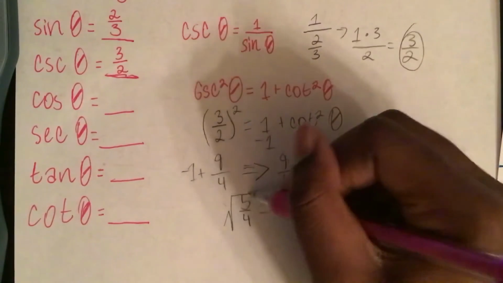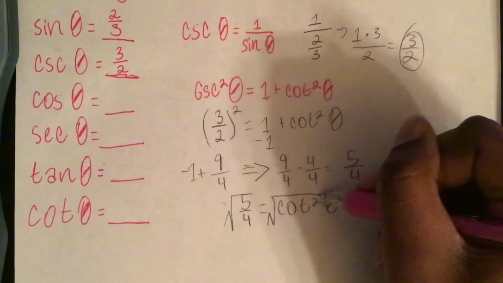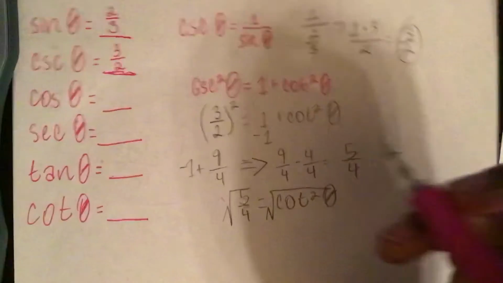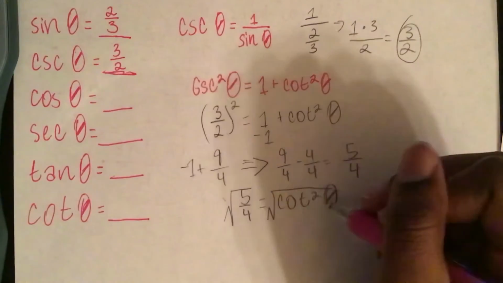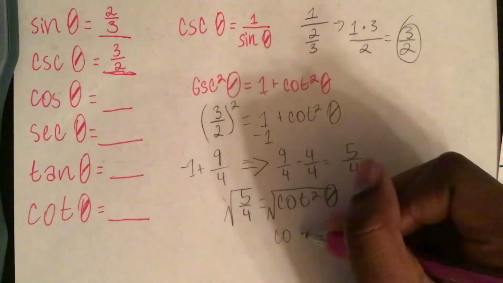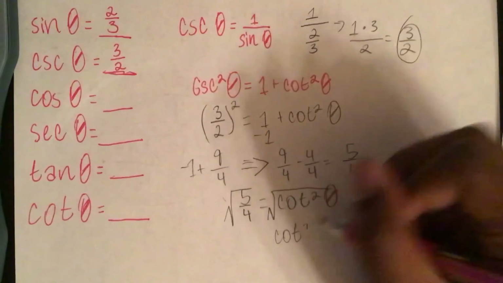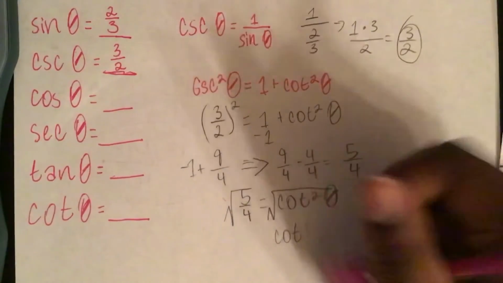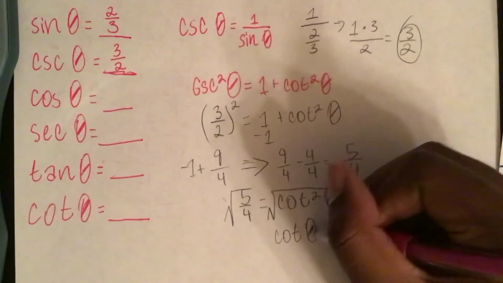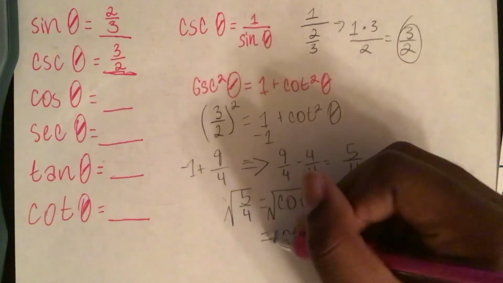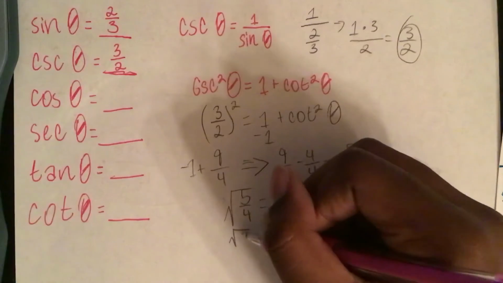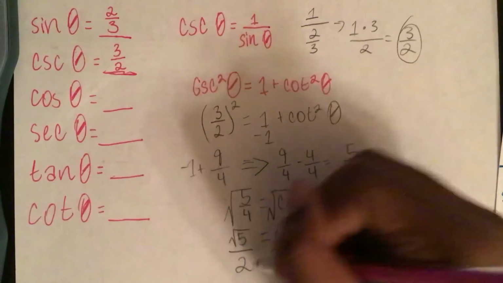Now we have to find the square root of both sides. So the square root of cotangent squared of theta is going to equal cotangent of theta. This is going to be the square root of 5 over 2.